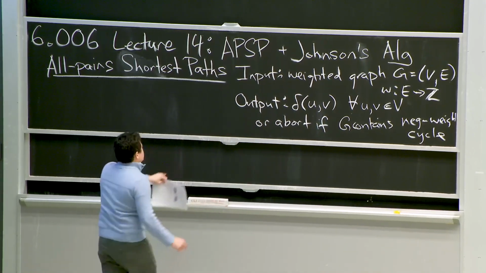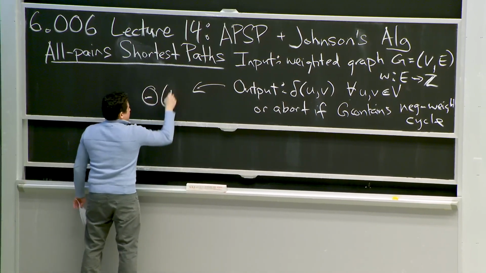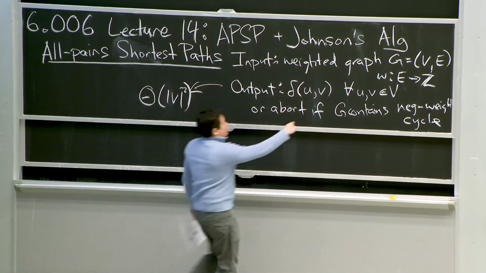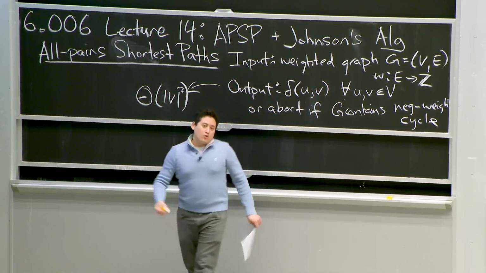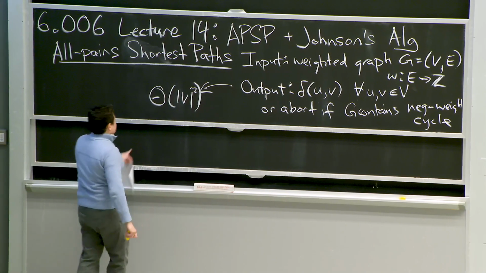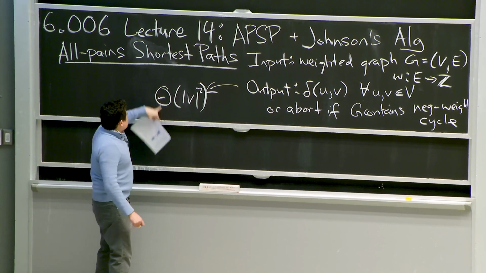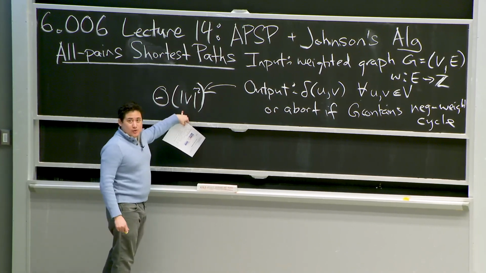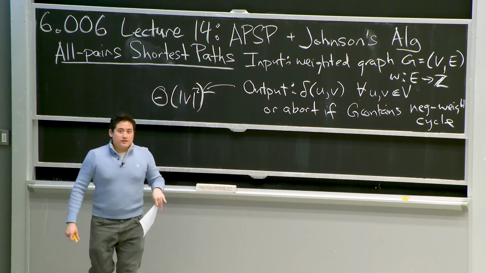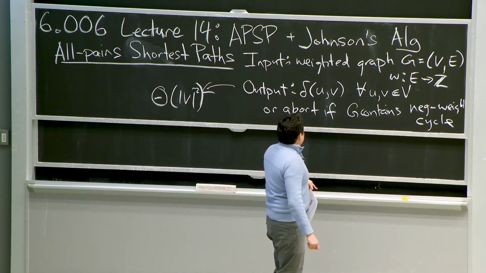Now, in particular, this output needs to have size theta of V squared, because for every pair of vertices, I need to return to you a number, or infinity, or something like that. But we are not dealing with the case of minus infinity. The output does have size V squared, and in particular, it's at least V squared, because I need to give a number for each pair of vertices.